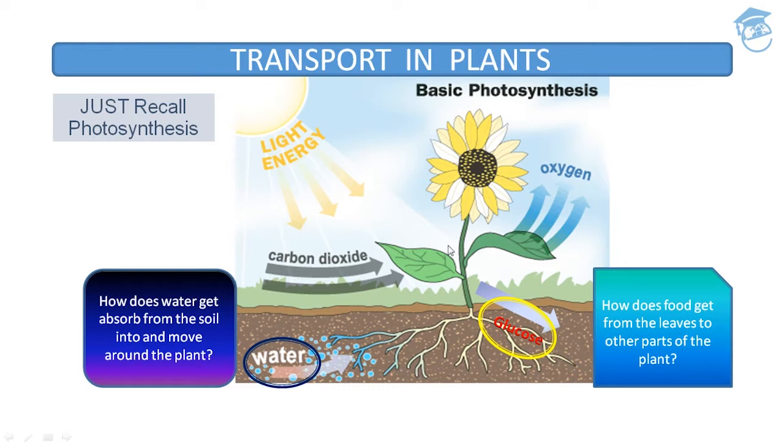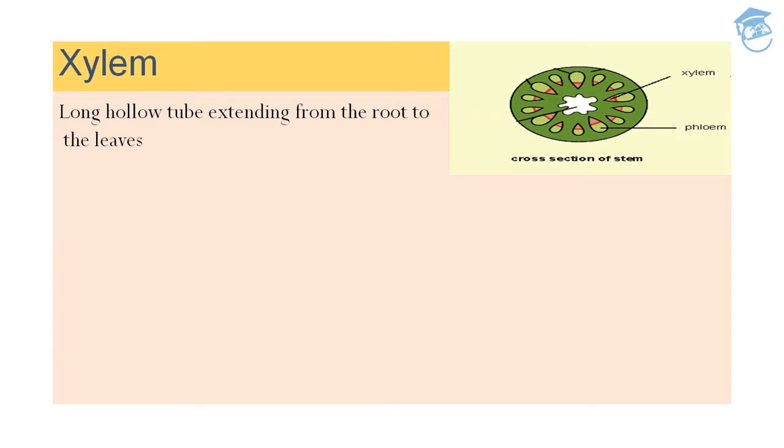Herein we will be discussing the xylem, which is a main conducting tissue and which is complex in nature. It is also called heterogeneous tissue because it is made up of 4 types of cells, which I have already taught you in my previous section of the presentation. You can refer to that for better understanding. Xylem is a long hollow tube which extends from root to the leaves. In structure, it is dead tissue.